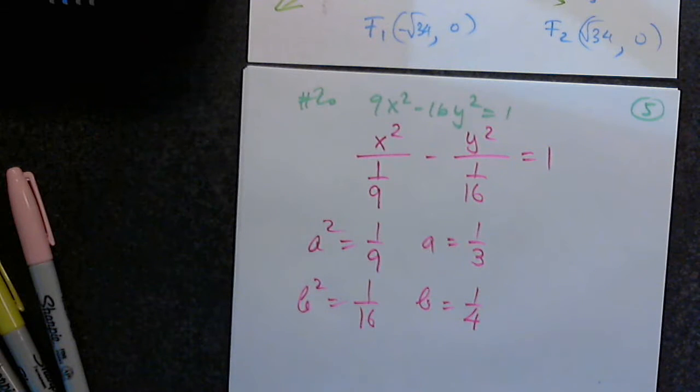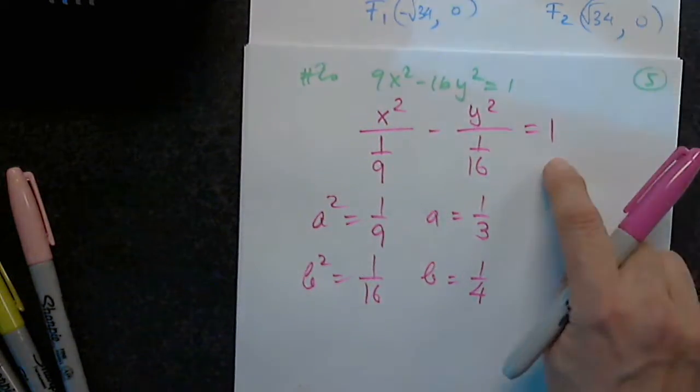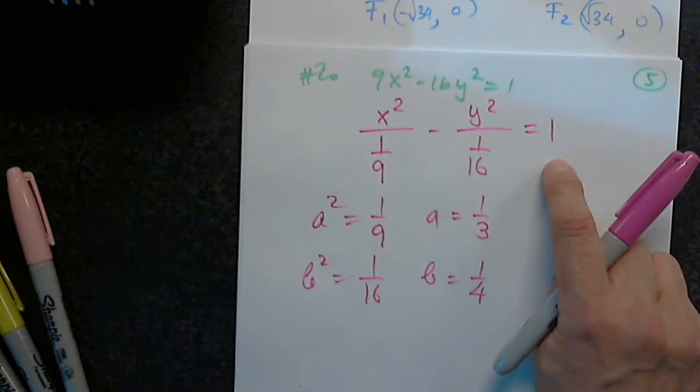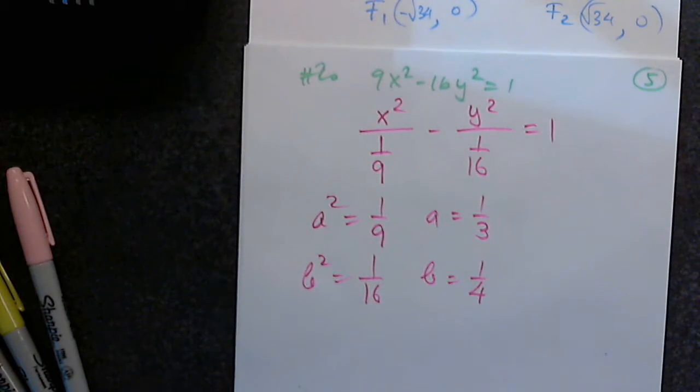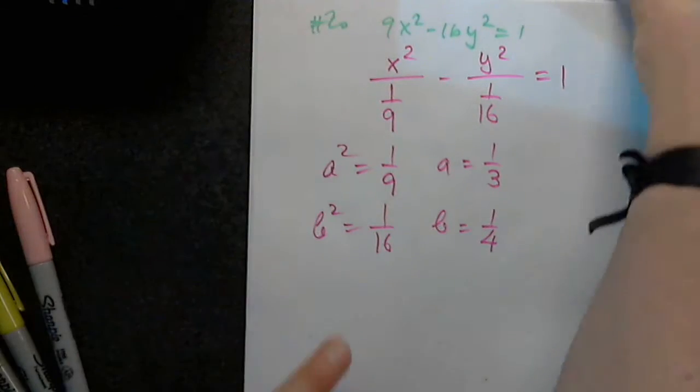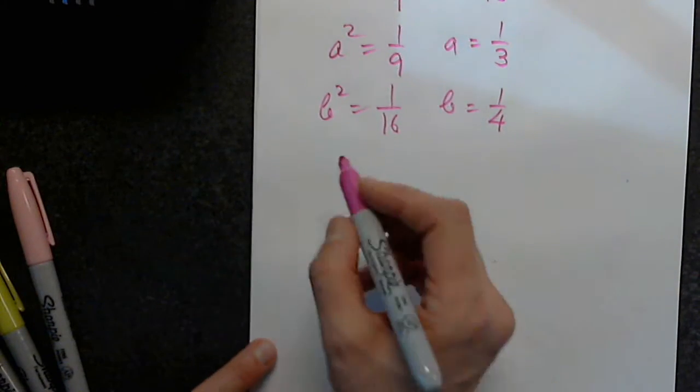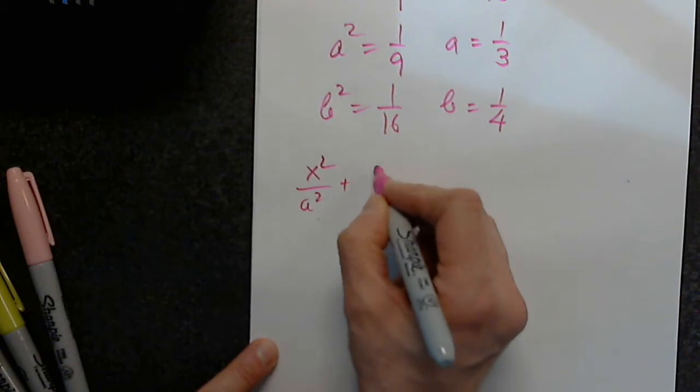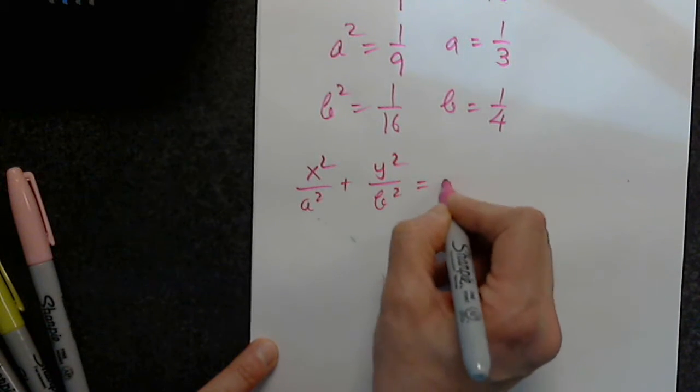Okay, so we are asked here to find the vertices, foci, and asymptotes of the hyperbola and sketch its graph. Because what we're trying to do is always get 1 on the right side. Both equations of the ellipse and the hyperbola, let me refresh your memory on those. So the ellipse is x squared over a squared plus y squared over b squared equals 1.